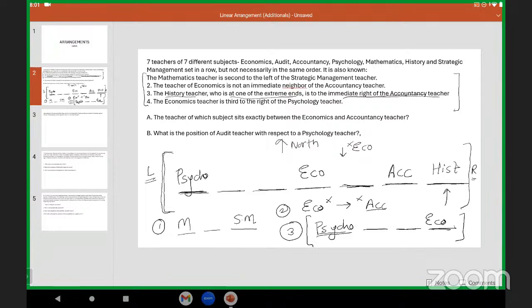Now we have to form three sitting arrangements with one. You can see over here mathematics, then you will need someone in between and strategic management. So the only case possible over here is mathematics, economics, and strategic management.